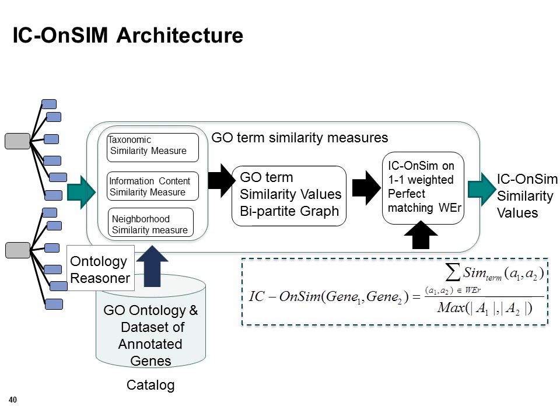From this one-to-one weighted bipartite matching, the formula presented here is applied. Basically, we sum up the values of similarity in the edges of the one-to-one matching and normalize those values by the maximum cardinality of the annotations.